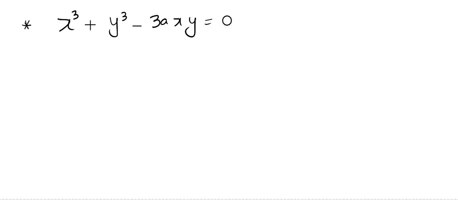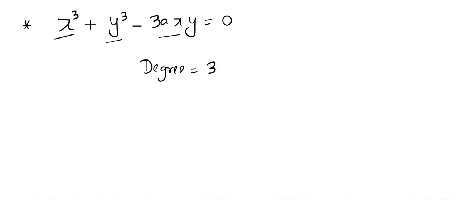Okay, let's try one more question in this video, and the remaining questions I'll try to put in the next video. So please write, find the asymptotes of x cube plus y cube minus 3axy is equal to 0. So what is the first thing to do? Inspect term by term to find the degree. So the degree is obviously 3.